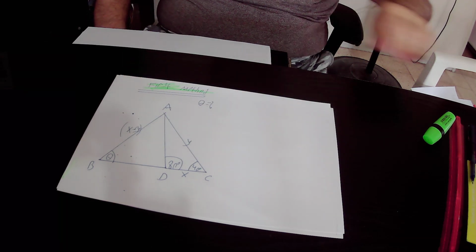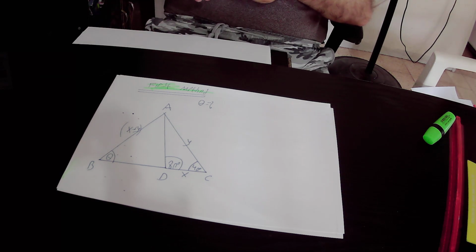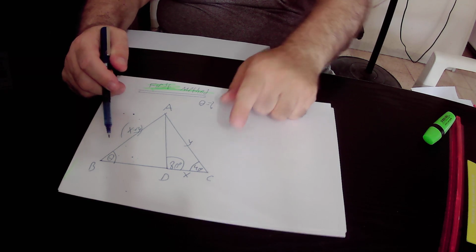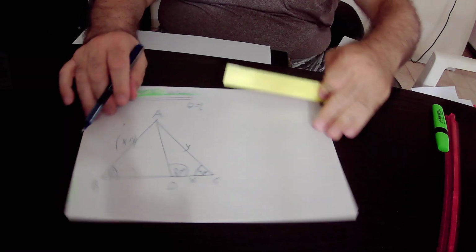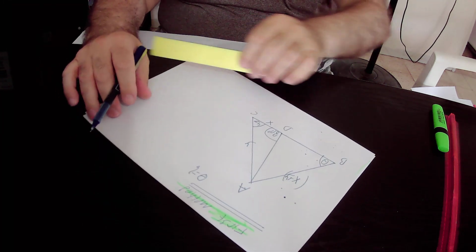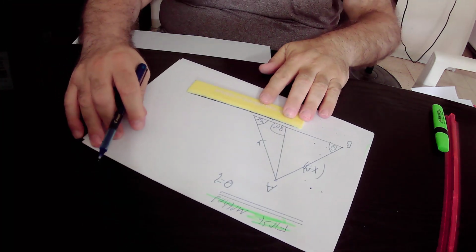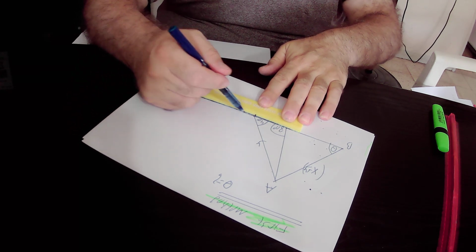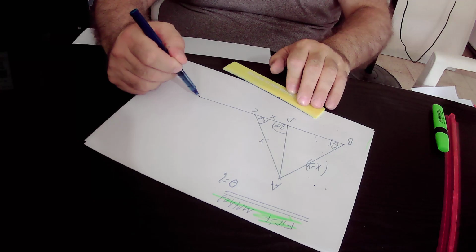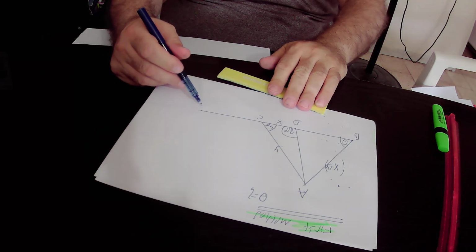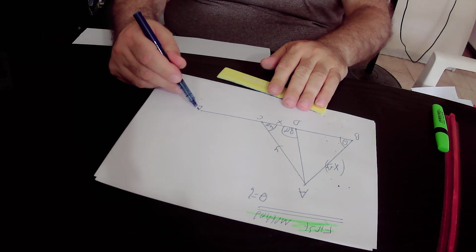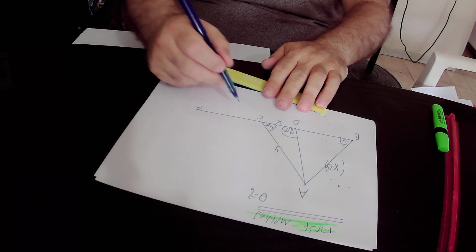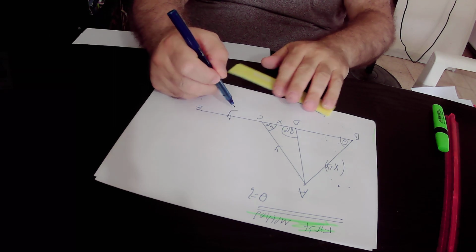Okay, we start with the first method. In the first method, we'll do a construction. We'll extend side BC by Y units. We extend side BC by a straight line in Y units. We define this point as point E. So here, line segment CE equals Y units according to our construction.